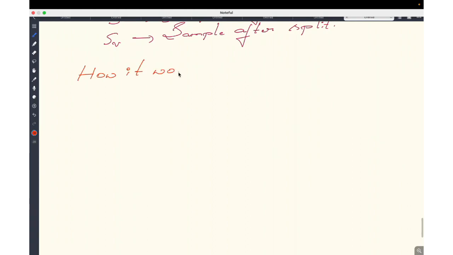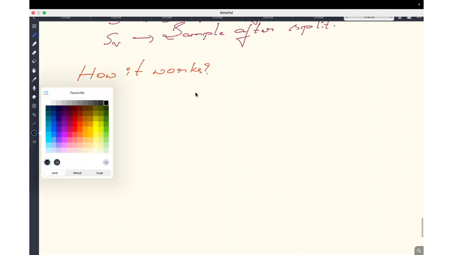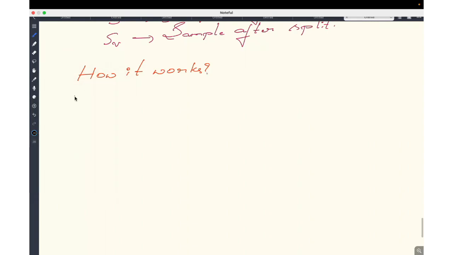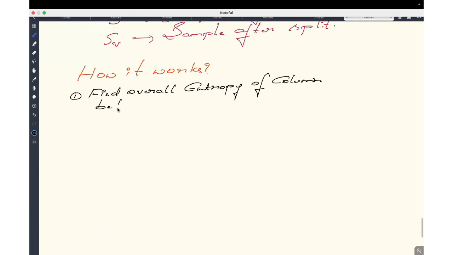When I show how it works, first step: you have to find the overall entropy of a column before split.